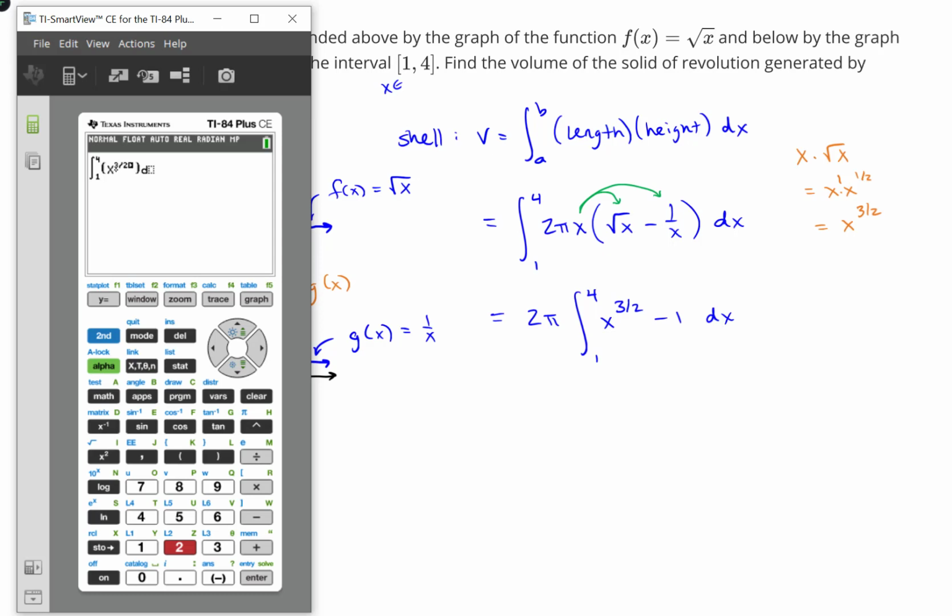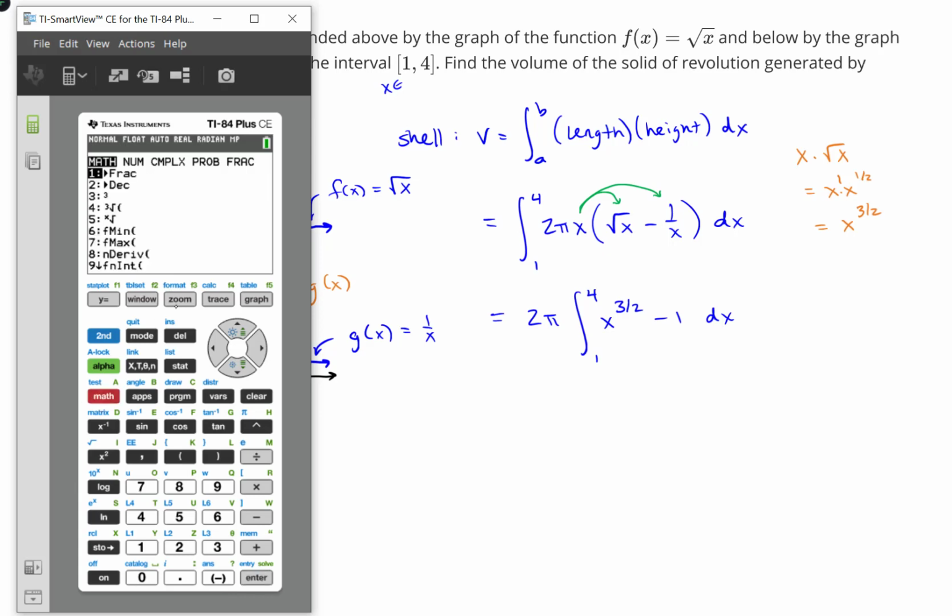If you have a calculator that doesn't do the exponents in line like this, just make sure after the little caret symbol, you put the 3/2 in parentheses and it'll do just fine. All right, then minus 1 dx. Oh, I think we're just fine here actually.